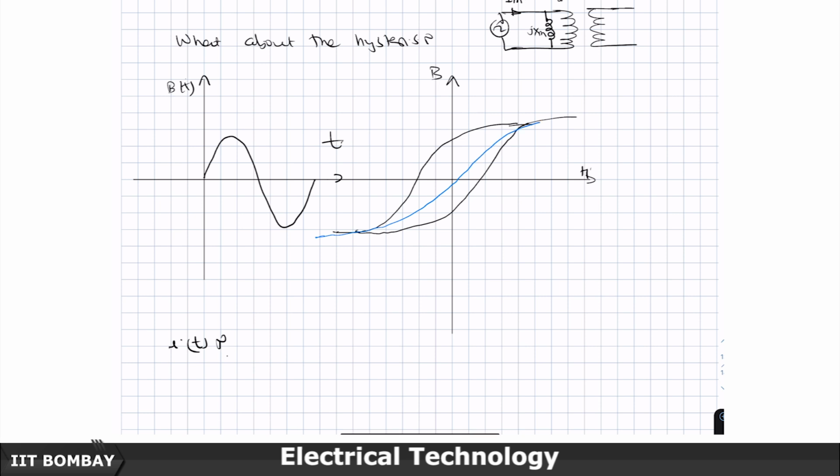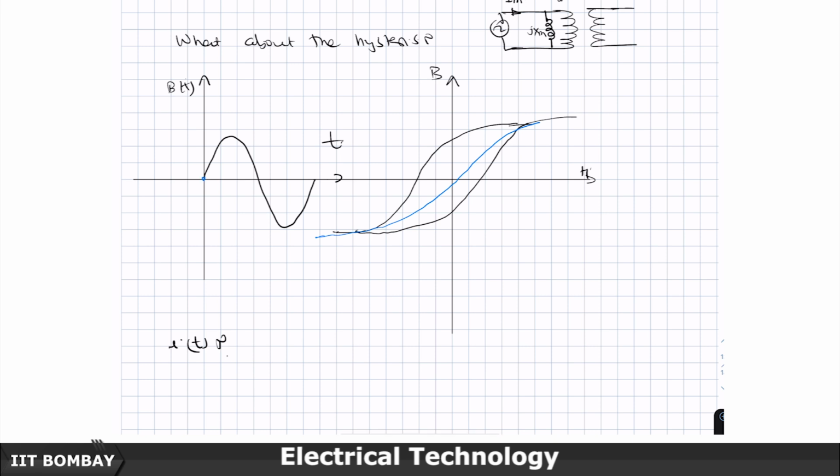realistic BH curve. So, if you neglect hysteresis, even then I am now considering it as a nonlinear curve, but at one go I am also trying to consider the non-ideality. Now, so let me say that the initial point is somewhere here.